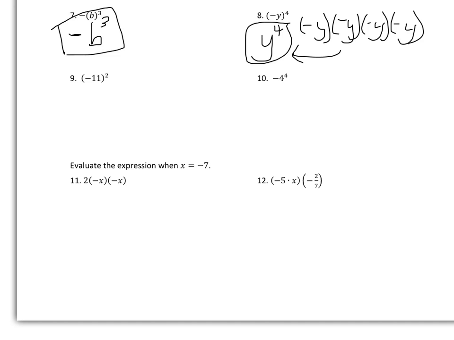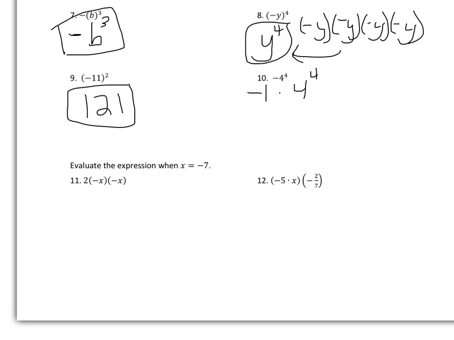Number 9, we have negative 11 squared. All right, so it would be negative 11 times negative 11, which would be a positive 121. It's raised to an even power, so it's going to be positive. Number 10, we're raised to an even power, but realize we don't have a parenthesis around that negative sign, so it's like a negative 1 times 4 to the fourth power.